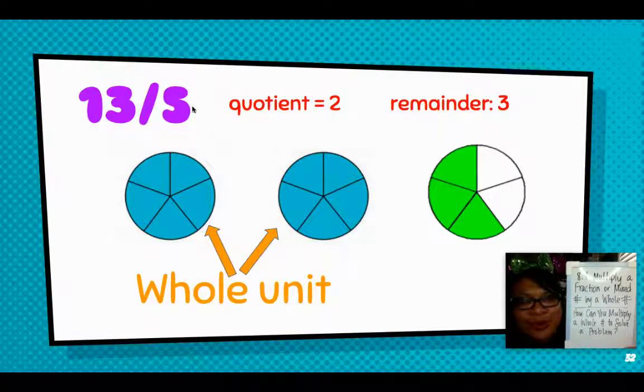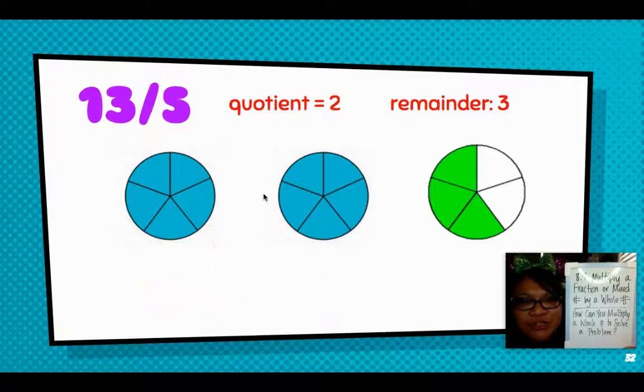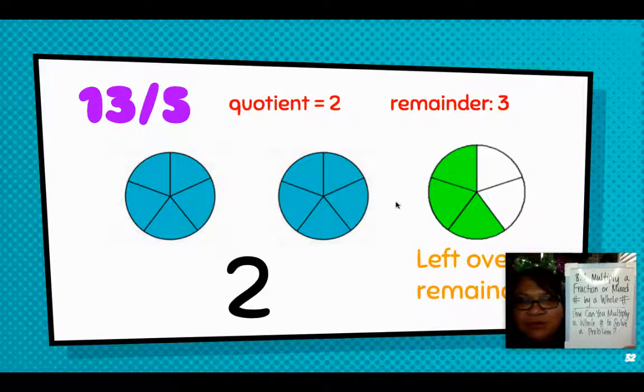So if we wanted to rename this as a mixed number, we would look at what we have left. So the number of whole units is actually 2. 1, 2. And then we have the leftover or remainder of 3/5. Remember, 3 are shaded out of 5 parts.